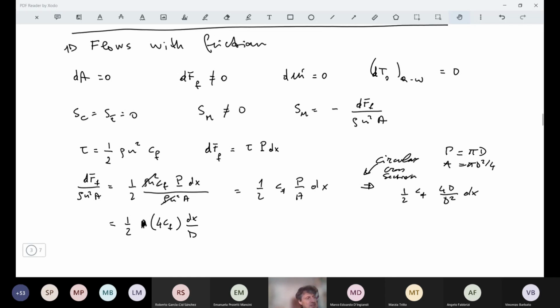Because of this relation, in case of channels we introduce the hydraulic diameter, which is defined exactly such that this expression holds also for channels without circular cross section. So we define dH as 4 A over P, and we define the friction factor F, which is 4 times CF.